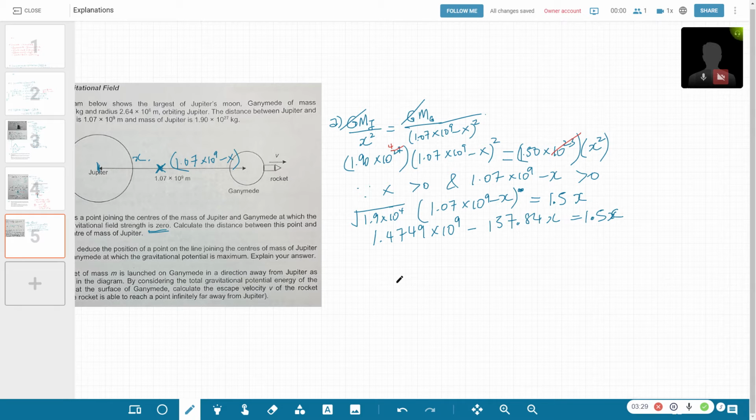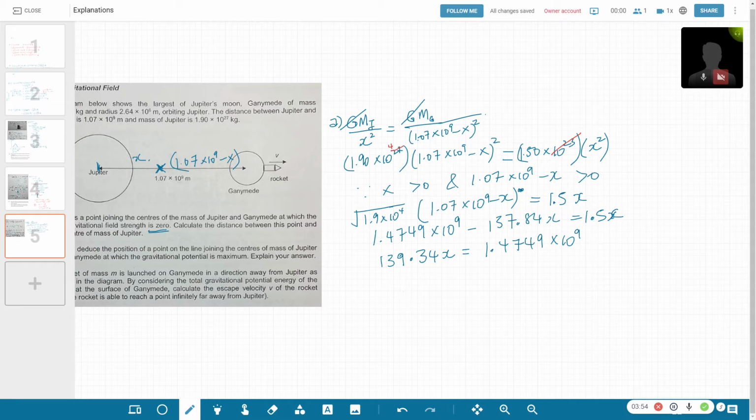Rearranging, I get 139.34x equals 1.4749 times 10 power 9. You can see the intermediate steps I use more significant figures.